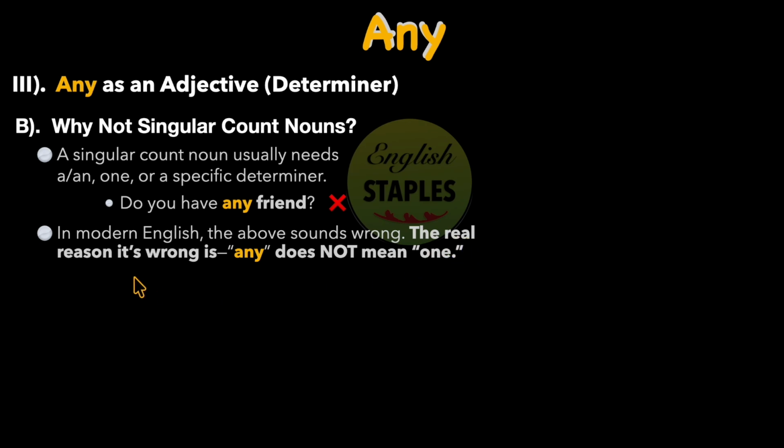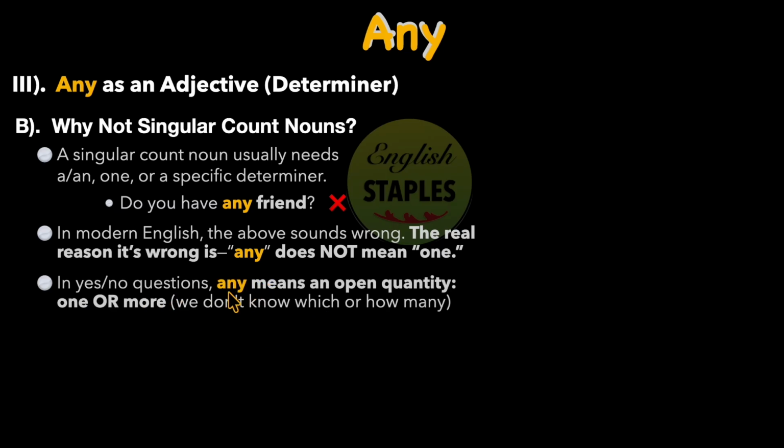But sounding wrong is not enough for a non native speaker. So the real reason why it's wrong is any does not mean one. Do you see this? The word any does not mean one. In yes no questions, any means an open quantity.